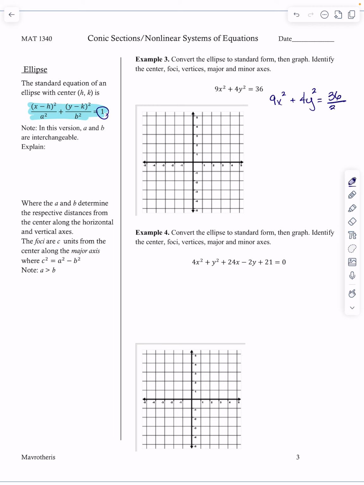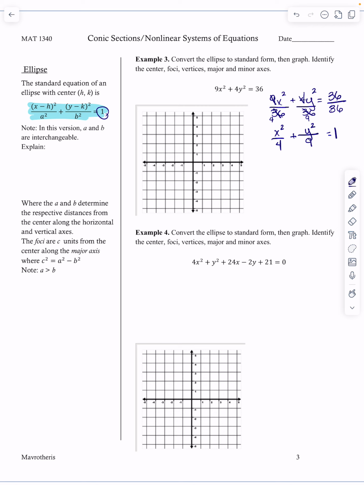And so the only way to do that is to divide everything by 36. I have my 1 constant. 4 divides into 36 evenly. I've got y squared over 9. And 9 divides into 36. I've got x squared over 4.